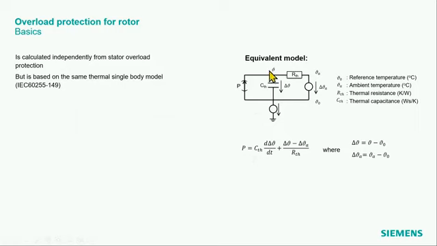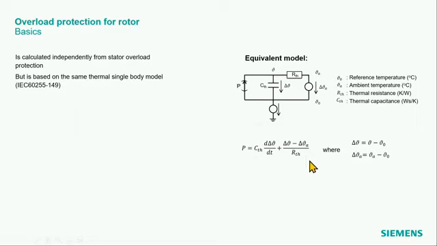And I bring in a power loading up this capacitor, and this delta V, the voltage difference which we would get in an electrical equivalent model, is here a temperature difference, which comes from the power which I put in. And then power is going off into the ambient, via one thermal resistance. So we get a differential equation, which we can solve.